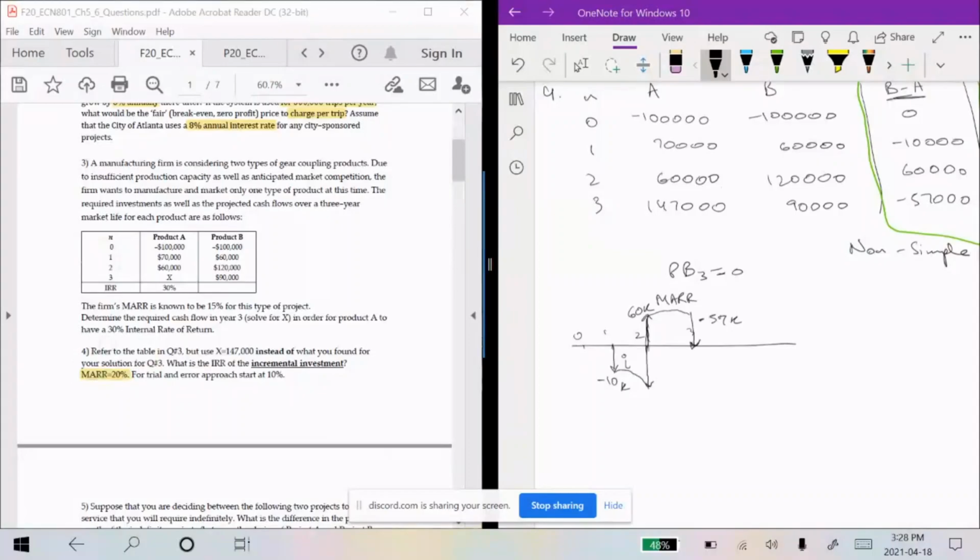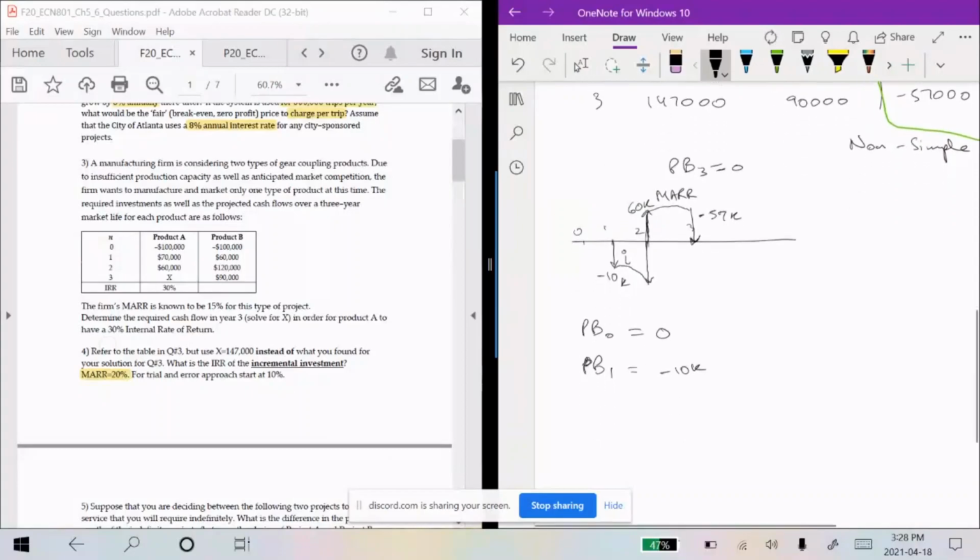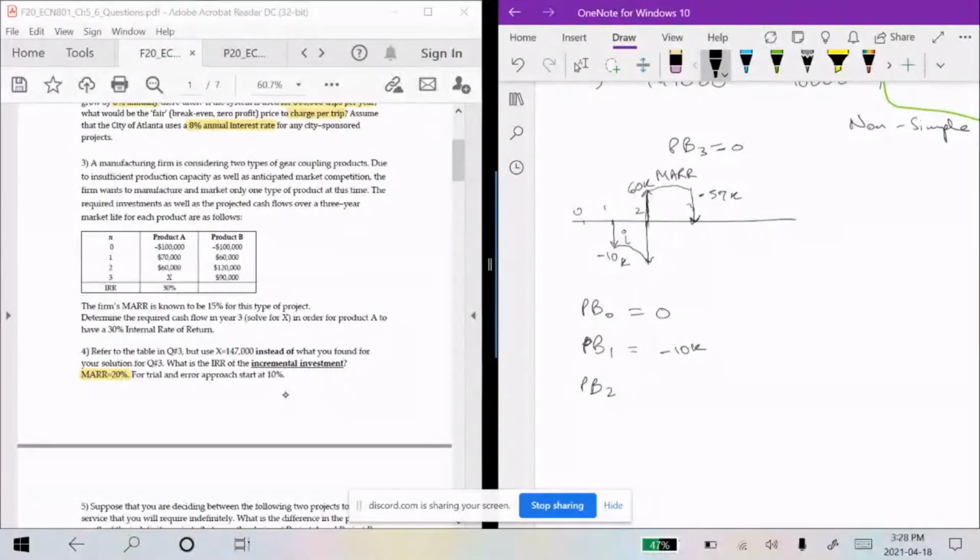Okay. So what we're going to do for this is project balance at 0 equals 0 because there's nothing. Project balance at 1 is equal to minus 10K. Right? Project balance at 2, the minus 10K gets affected by the I. So minus 10K, and we are taking it forward by 1 period.